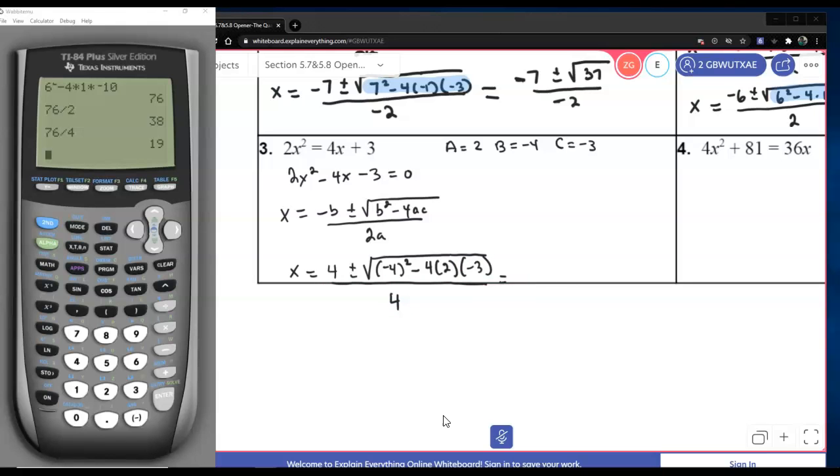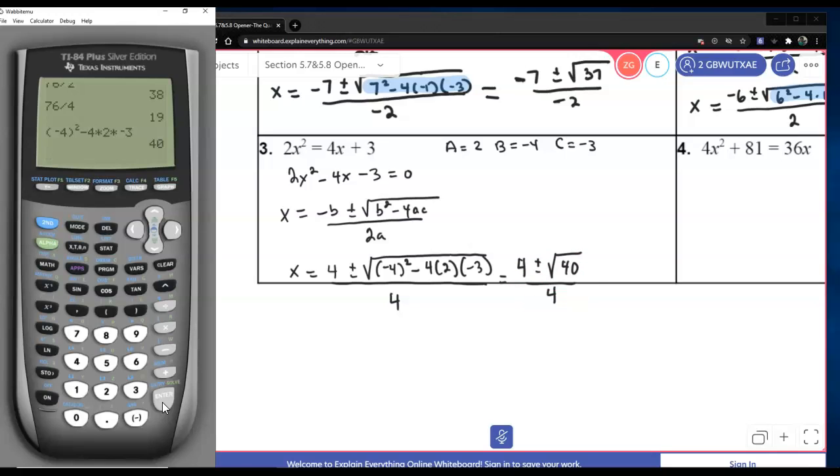So let's go ahead and evaluate the discriminant. I have parentheses negative 4 squared minus 4 times 2 times negative 3. That's 40. So you have 4 plus or minus the square root of 40, divided by 4.